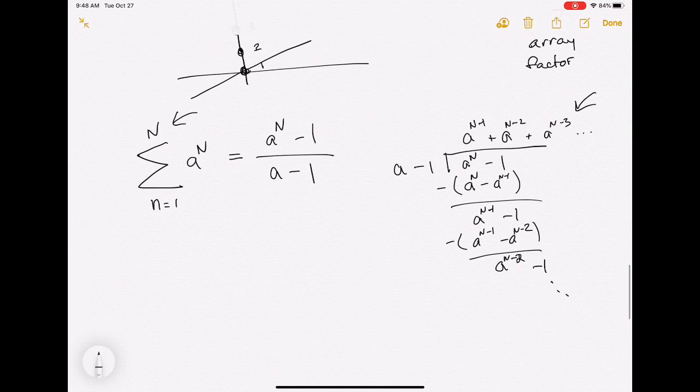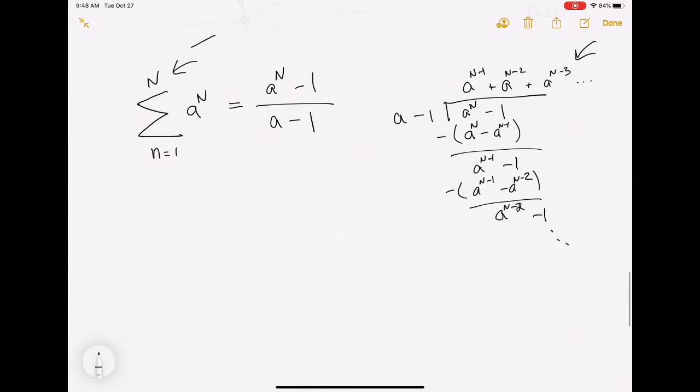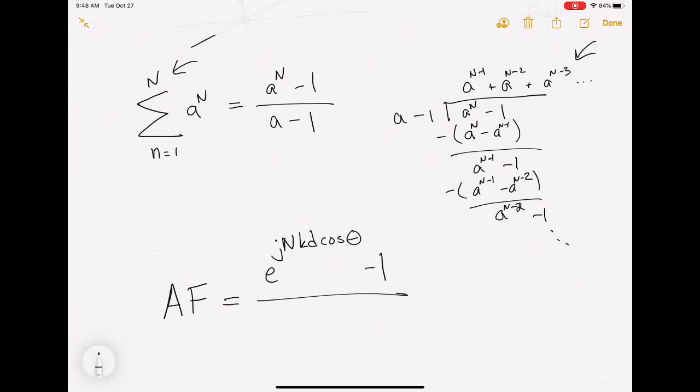So because of that, our array factor, which we often write as just AF for array factor, turns out to be equal to e to the j N kd cosine theta minus 1 over e to the j kd cosine theta minus 1.